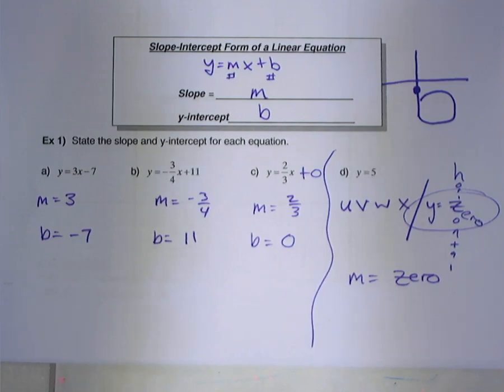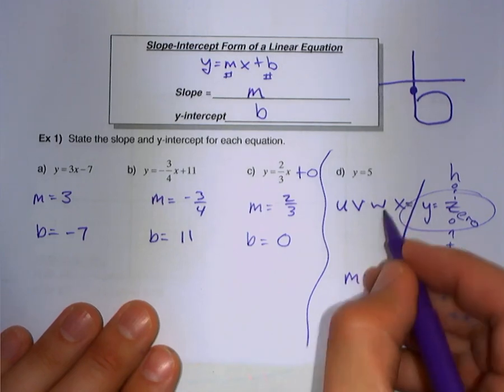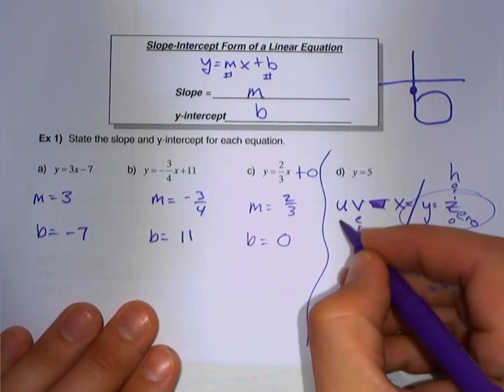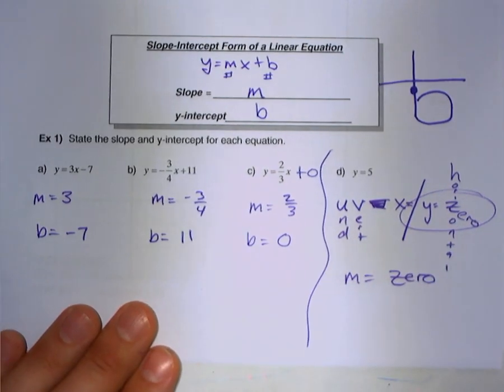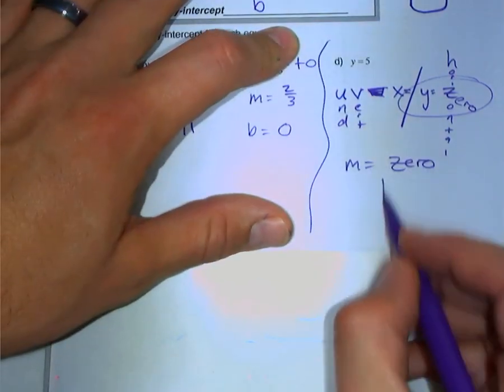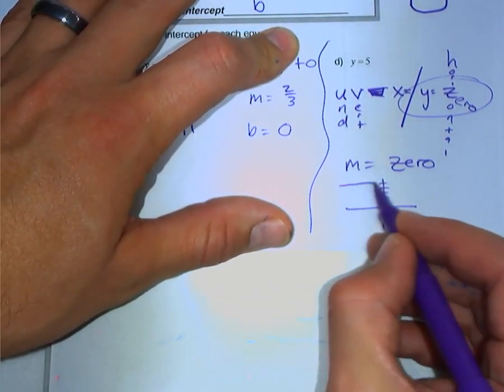It goes up and down, but it doesn't go side to side. So again, we talked about u, v, w, x. If it's an x equals, cross out the w, that's a vertical line, and that's u and v. That's undefined. So if it's a y equals line, visually, to help you guys out, y equals 5: 1, 2, 3, 4, 5 looks like this going across.